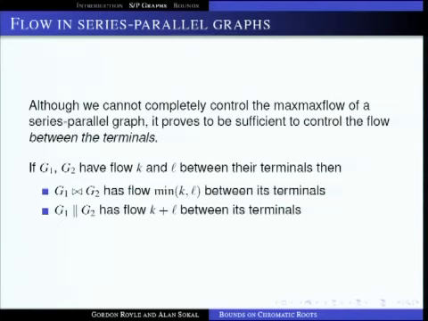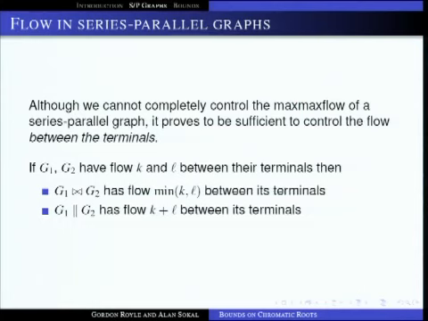Let's think about how I knew that the flow was what I claimed it was. What we need to do is control the flow, but we can't control the flow because it's too hard. But we can control the flow between the terminals, and that proves to be enough. So if G1 and G2 have flow K and L between their terminals respectively, then if you put them in series, you've got the minimum of K and L between their two new terminals.